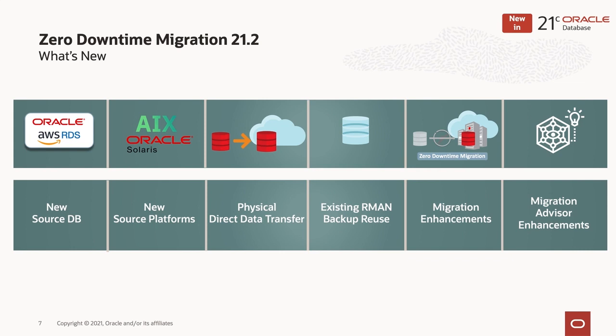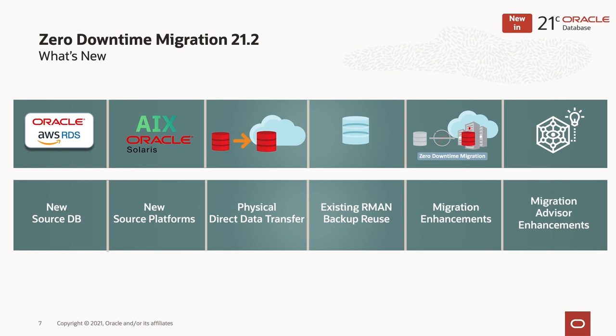We also have the physical direct data transfer methodology included in the physical online migration method. That means that you can actually do migration without having the need of having specific use of object storage or a backup location. Also, ZDM creates an L0 backup and an L1 backup when doing physical migration. Now, if you already have backups in place, we can reuse those existing RMAN backups for certain scenarios for physical migration.